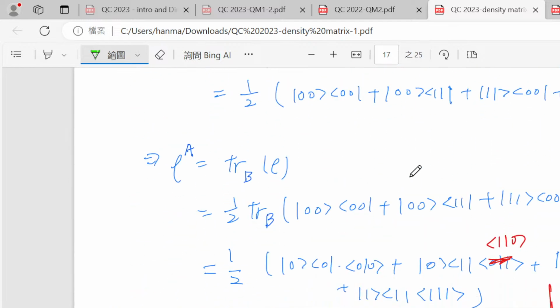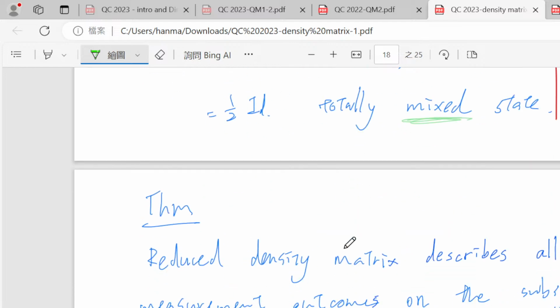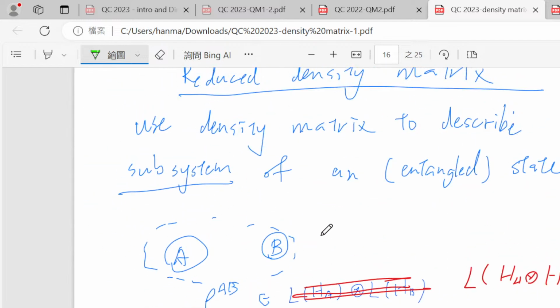We have some examples here, and another formulation of partial trace. You can think of it as doing the trace on the B part by sandwiching with an orthogonal basis: identity on A, bra i on B, times rho AB, times identity on A, ket i on B, summed over all i, the orthogonal basis vectors in B. That gives you the reduced matrix, taking the state of the bigger system to the density matrix of a smaller system.